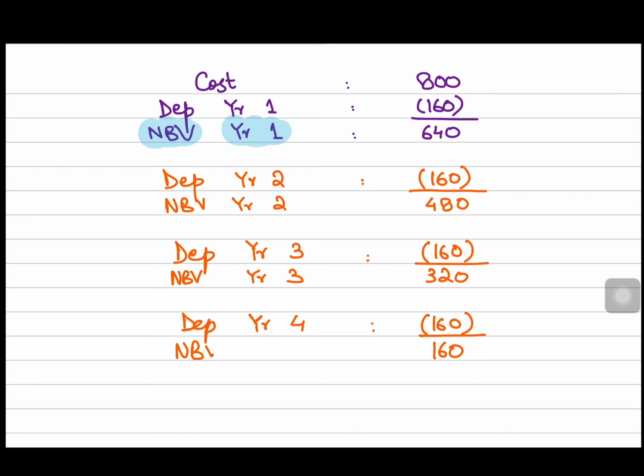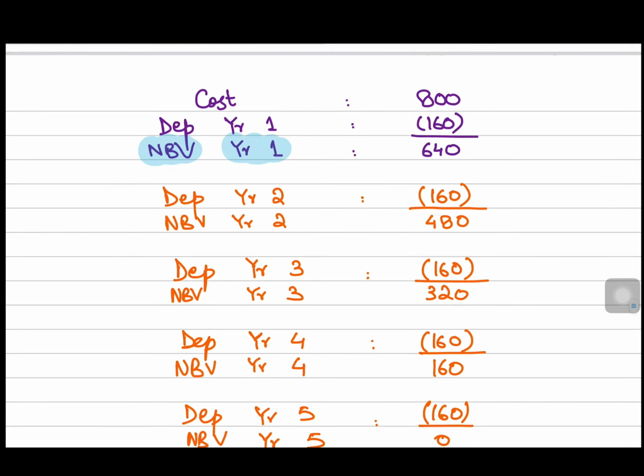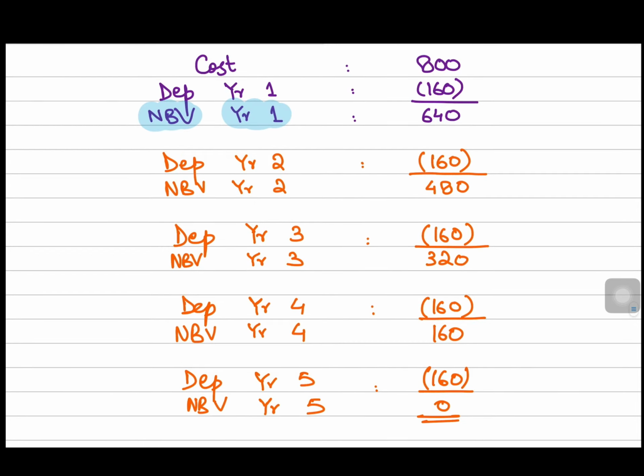This is the net book value at the end of year 4. Lastly, depreciation for year 5 would again be $160, and then we will have a net book value of 0 at the end of year 5. Right, so this is a simpler way to calculate net book values at the end of every year, that is by subtracting the current year's depreciation only from the net book value.